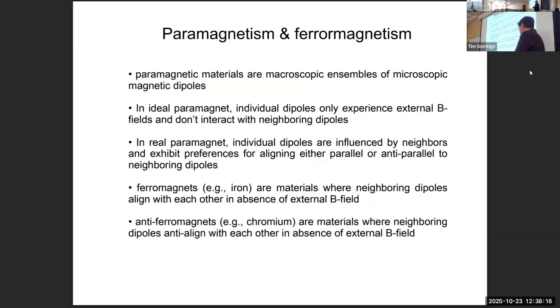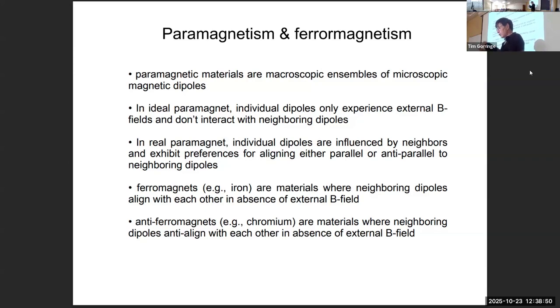In particular, in paramagnetic materials, the atoms or molecules, the little dipole moments, tend to interact with their nearest neighbors. And their interaction with their nearest neighbors might lead to a preference for them to align with each other. That could be one case, or it might lead to a preference for them to anti-align with each other. That would be another case.